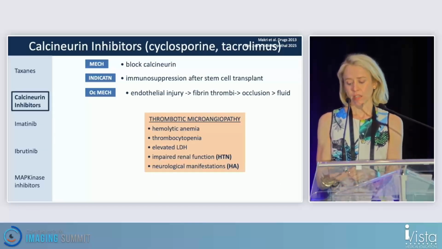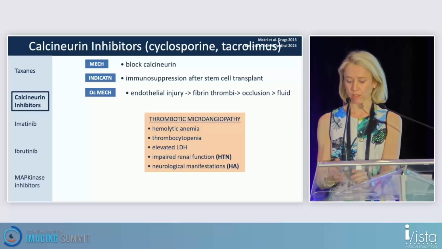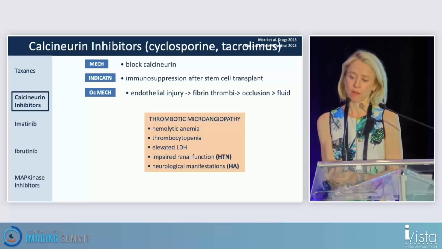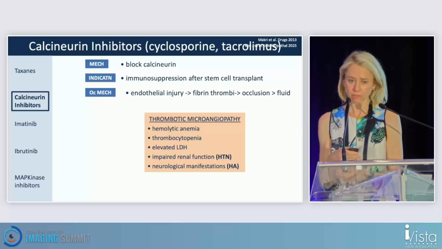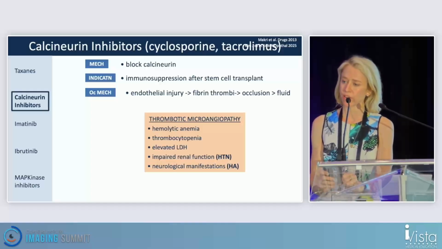Calcineurin inhibitors in the cancer world, they're used for immunosuppression after stem cell transplant. They result in endothelial injury, fibrin, thrombi, and then the latter effects of that, and something called thrombotic microangiopathy.